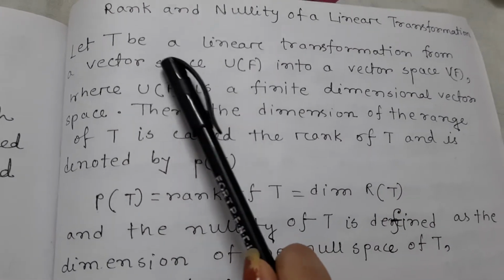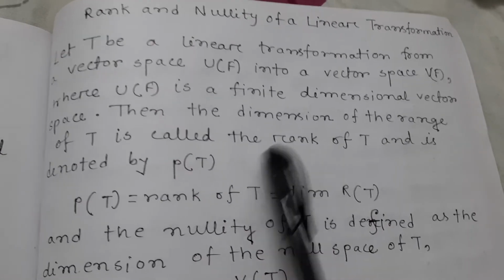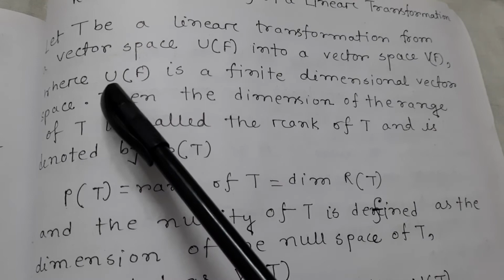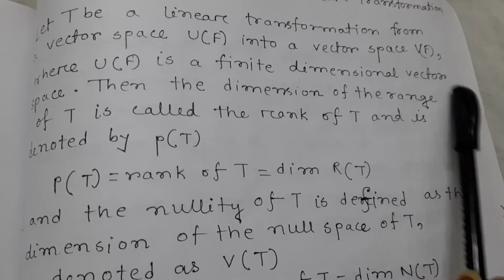Let T be a linear transformation from a vector space U(F) into a vector space V(F), where U(F) is a finite dimensional vector space.